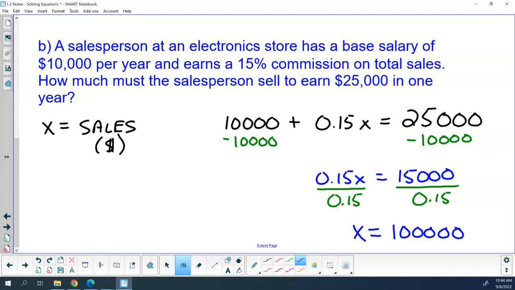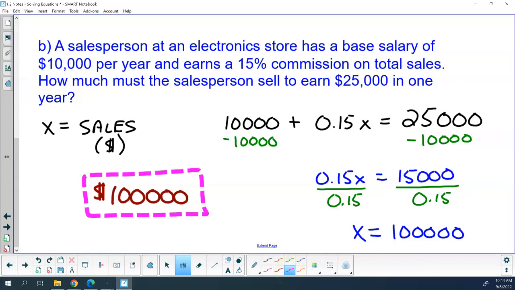So this person would have to sell $100,000 worth of electronics on top of their base salary.